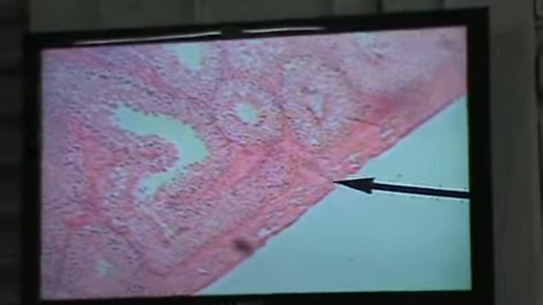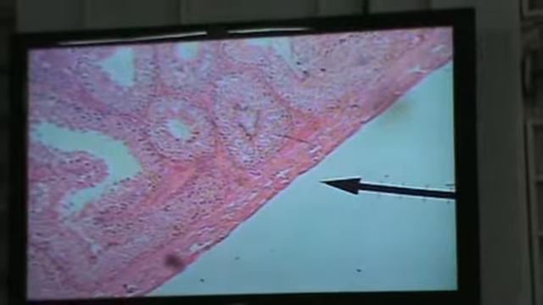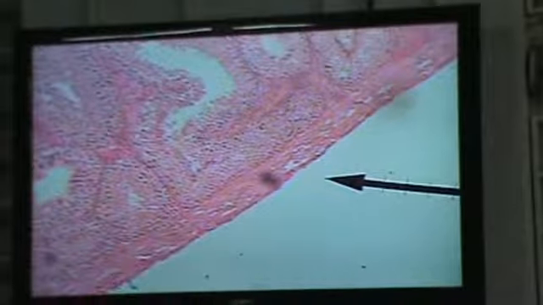But let's get back down to the testis, which is what we're discussing here. Alright, the testis has a fibrous covering, and that fibrous covering is known as the tunica albuginea. Okay? So there's a fibrous covering known as the tunica albuginea, white, that's the albus. And we see lining here flattened cells.